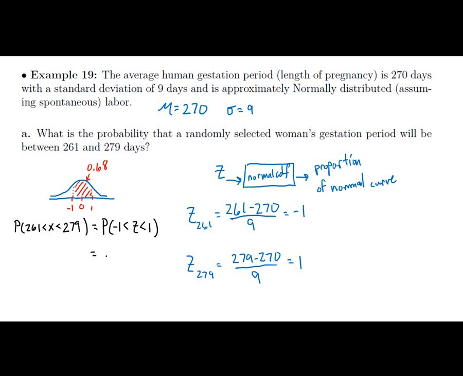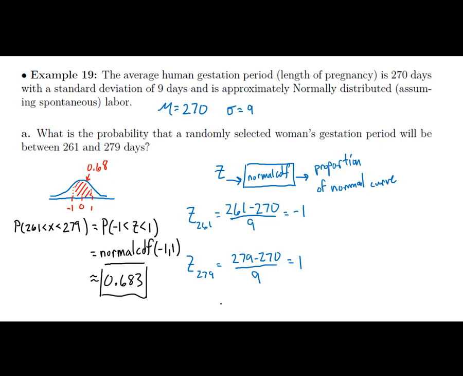We know that this can be answered with normal CDF. So we just find the value for normal CDF between -1 and 1, and that gives me, as I expect, about 0.68. When we type that in the calculator, what we get exactly is 0.683. So that's our probability.